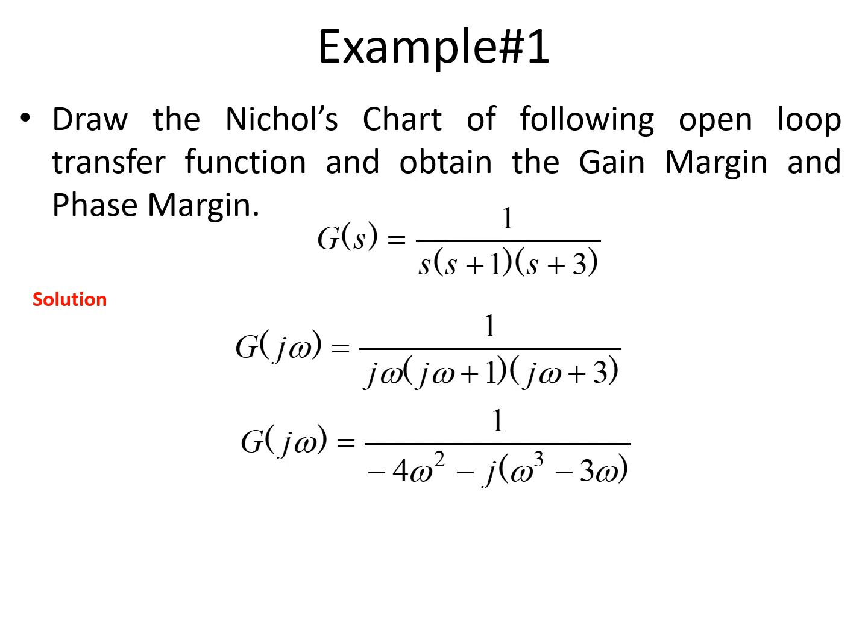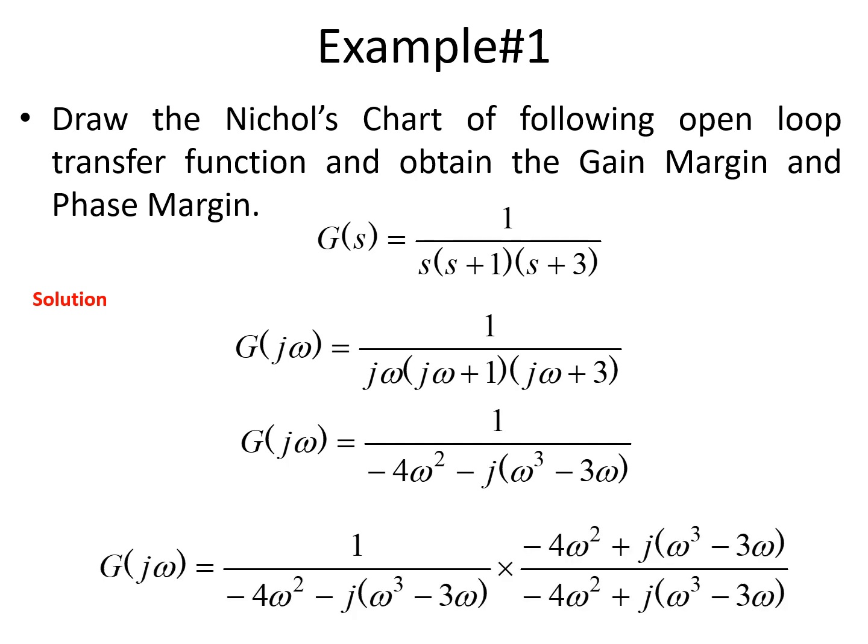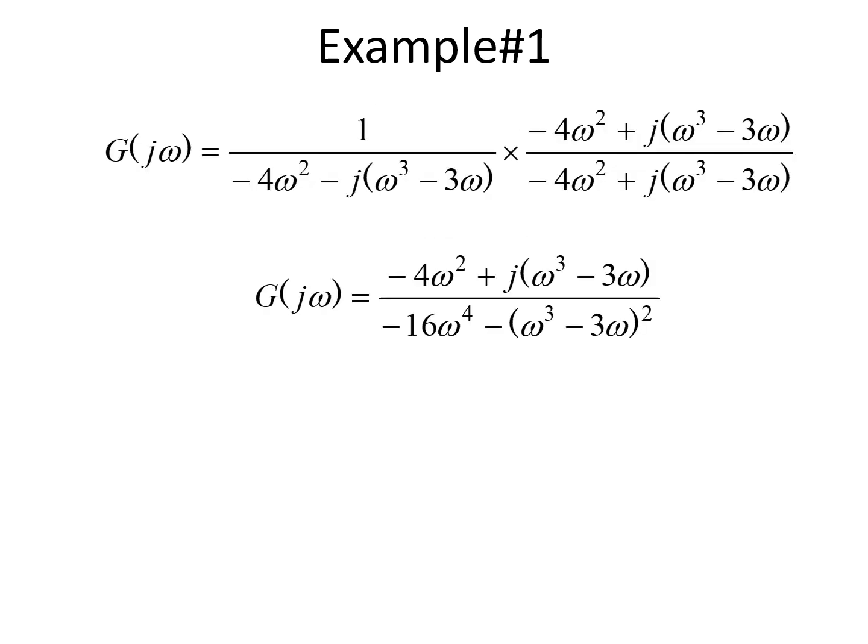The value we get is 1 divided by minus 4 omega squared minus j into (omega cubed minus 3 omega). Now multiply and divide by the complex conjugate term and simplify further. You will get G(j omega) as minus 4 omega squared plus j (omega cubed minus 3 omega), divided by 16 omega to the power 4 plus (omega cubed minus 3 omega) whole squared.